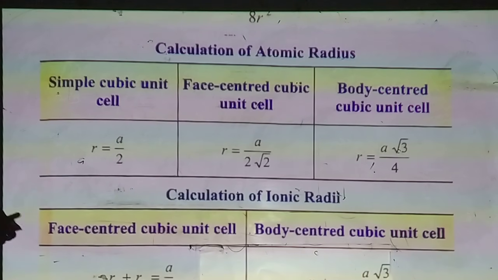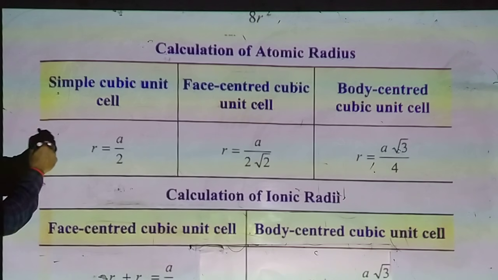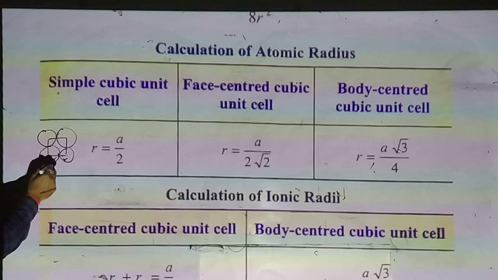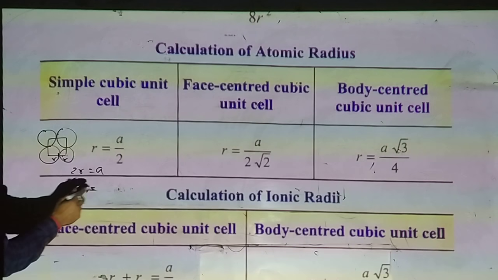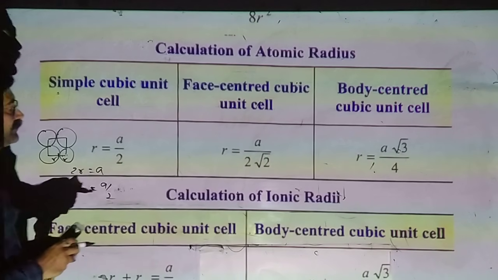For atoms, they are very close and touch each other, so 2 times R is equal to a, so R is equal to a by 2. Clear?